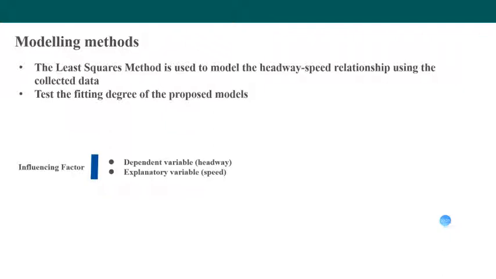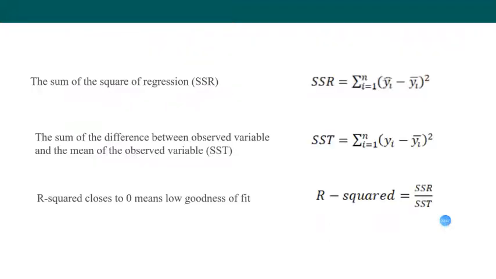So we use the least squares method to model the headway-speed relationship using collected data, and we compared the fitting degree of different proposed models. In the model, the dependent variable is the time headway, and the explanatory variable is the mean speed of vehicles passing the intersection.